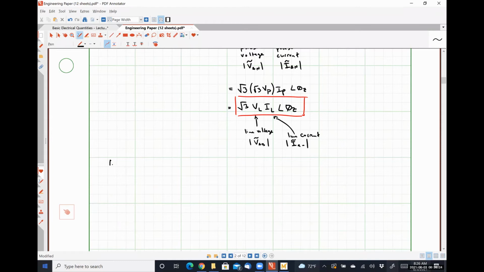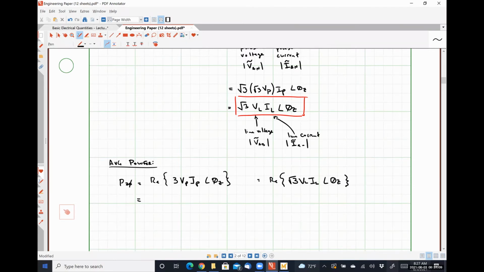So our average power, P three-phase, is going to be the real part of 3 VP IP angle theta Z in terms of phase quantities, or the real part of root 3 VL IL angle theta Z, or my line quantities.